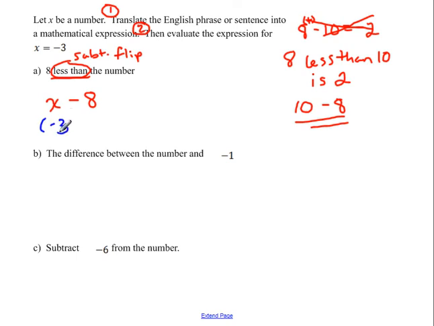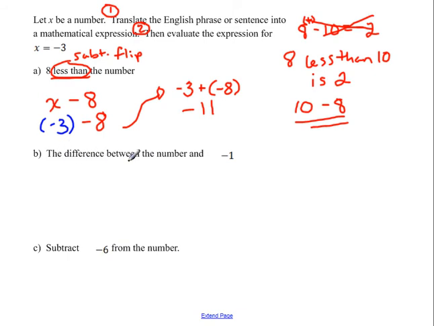They told us they wanted us to evaluate this for x is -3, so we do -3 minus 8. -3 plus a -8 would give us -11, right? Because subtracting 8 is the same as adding a -8.